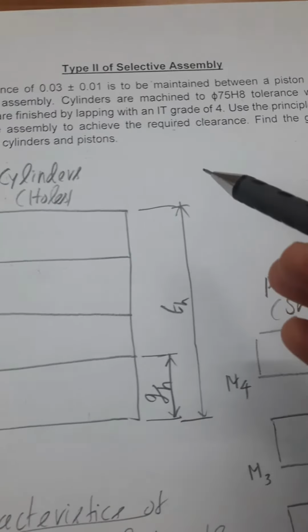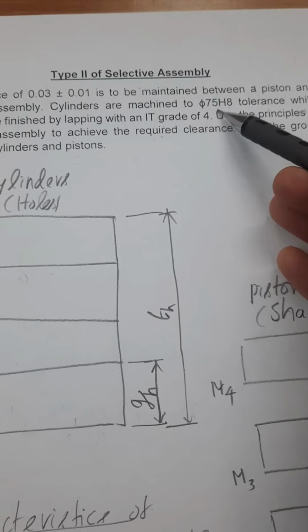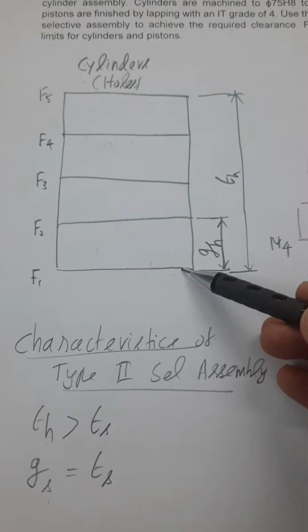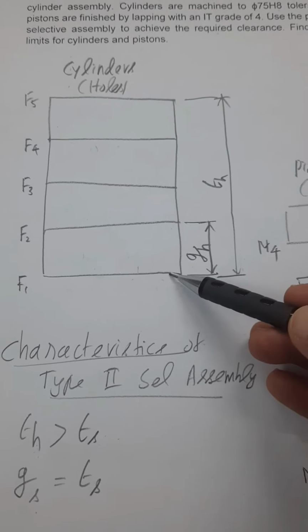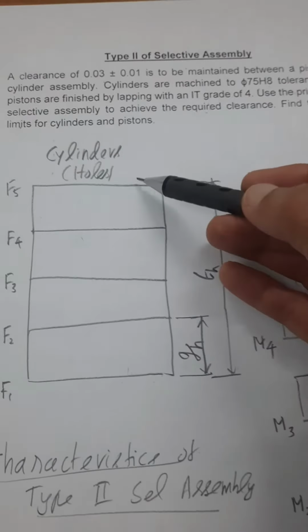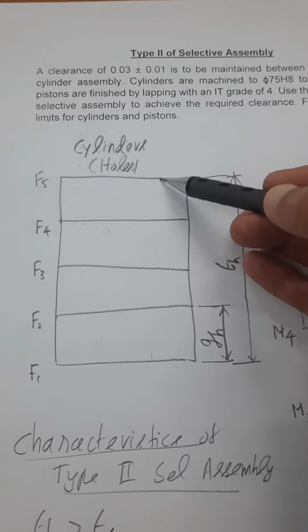It is shown that the cylinders are manufactured to dia 75H8. The lower limit of the cylinder, if you look at the data book, comes to 75.000 mm. The upper limit of the cylinders is 75.046.